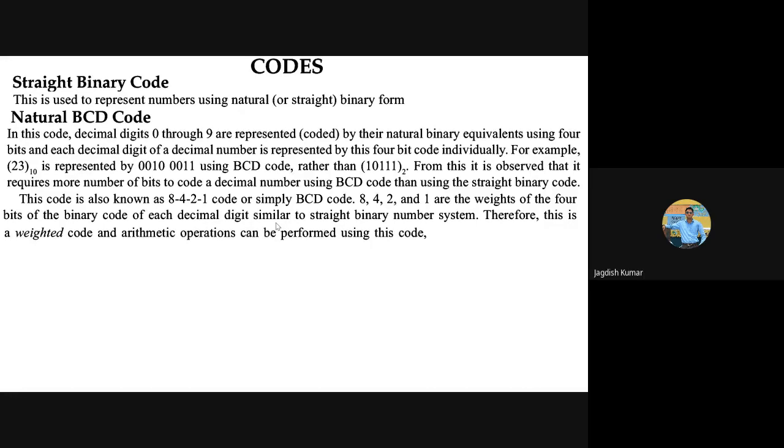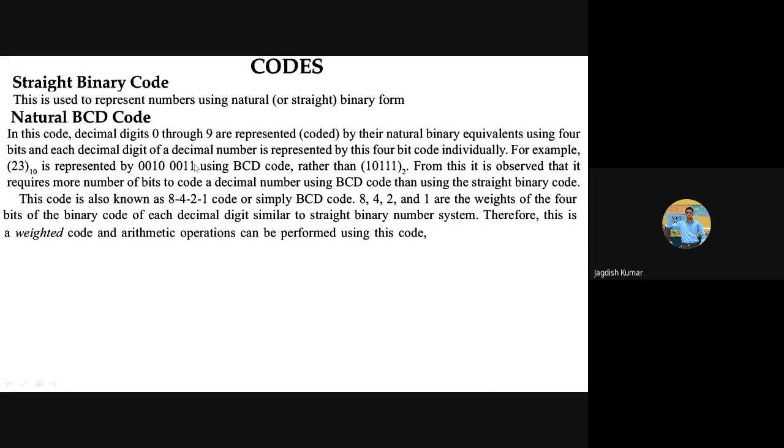This code is also known as 8421 code. Can anyone guess why this code is called 8421 code? This is because this code is based upon weights assigned to the various bits.